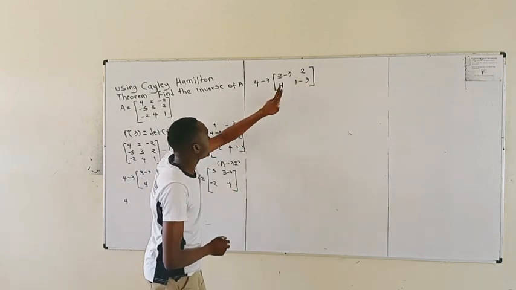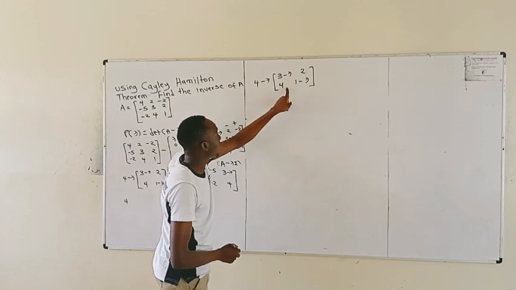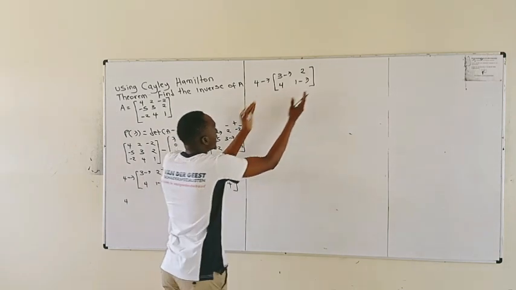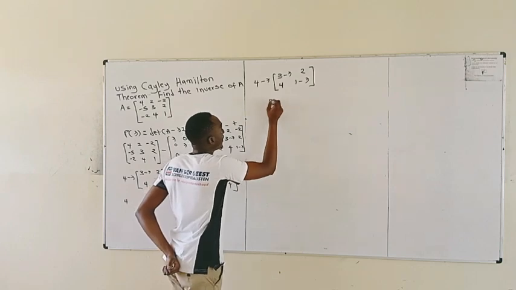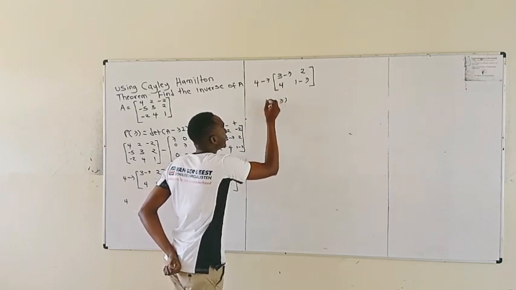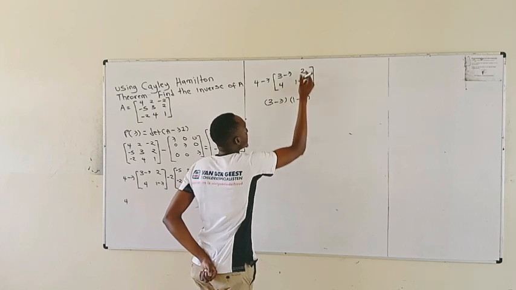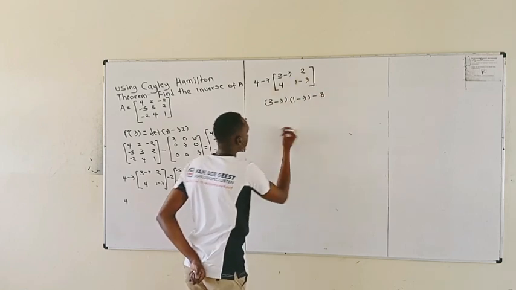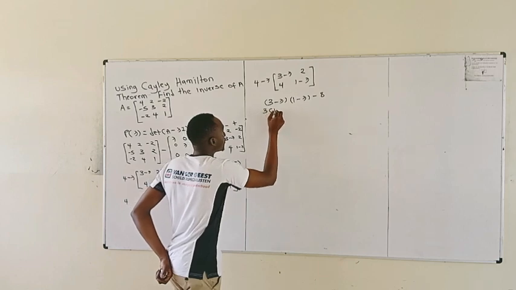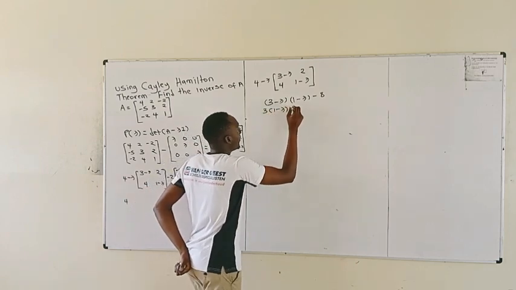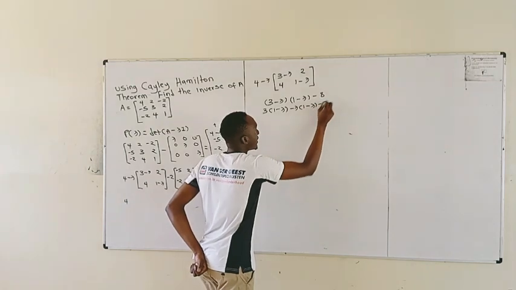To find the determinant, we have 3 minus lambda times 1 minus lambda minus 4 times 2, which is 8. Let's solve the inner part first. We'll multiply the outer part later. When we factor these, we'll have 3 into 1 minus lambda minus 1 into 1 minus lambda minus 8.